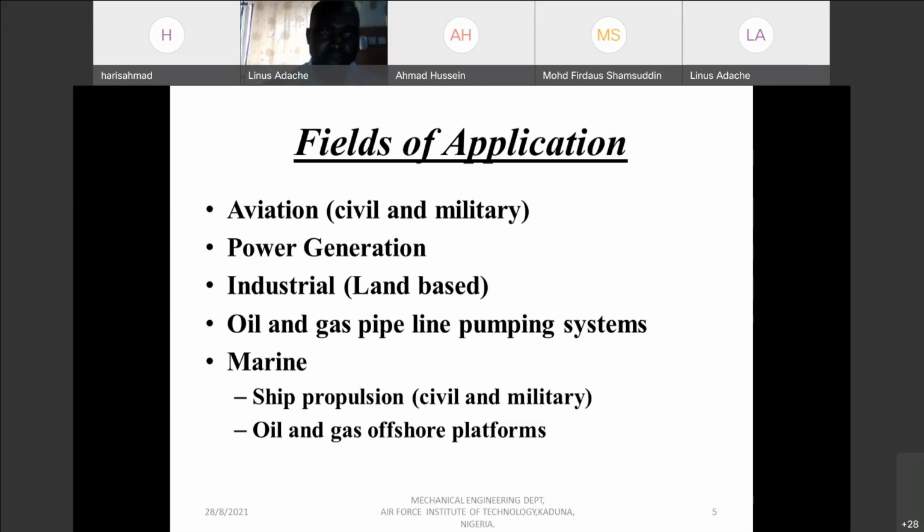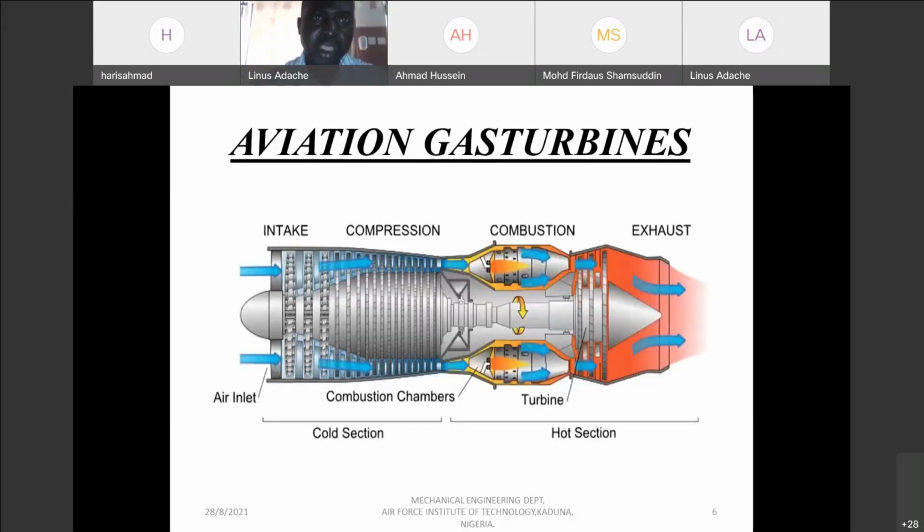Then power generation, industrial, that is land-based. Oil and gas pipeline pumping systems, marine, which could be civil and military, and gas offshore platforms.